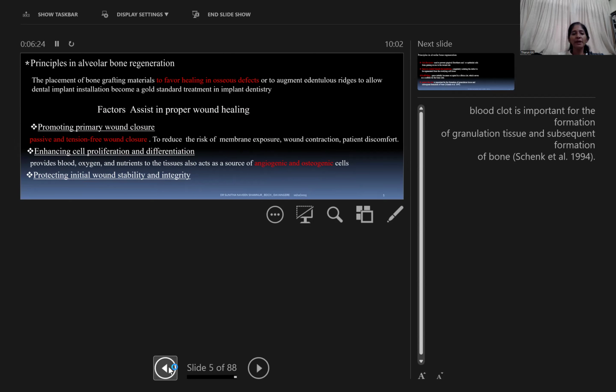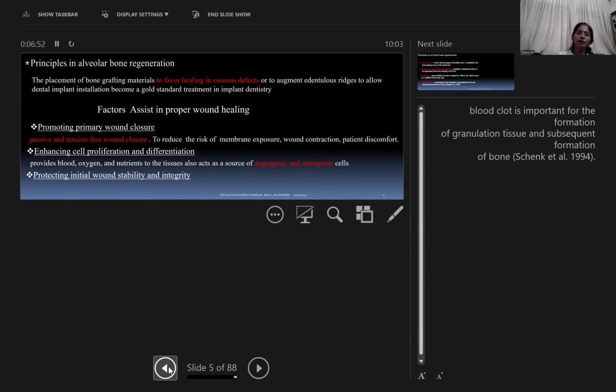The first one is your primary wound closure. Maintain a passive, tension-free wound closure. People who have done flap release know that sometimes you will have to go on to periosteal scoring to have a tension-free approximation of the ridge defect after the augmentation.